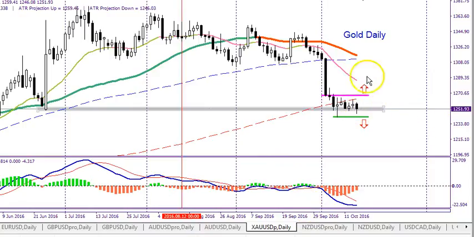So if price breaks above this line, then the Australian dollar is going to increase in strength against the US dollar. If price here on gold breaks below the green line, continues going lower, then the Australian US dollar will come down in price. In other words, Australian dollar getting weaker, the US dollar getting stronger.